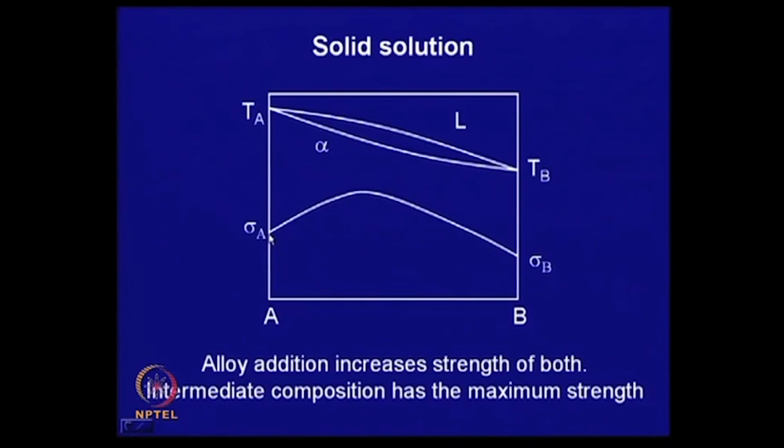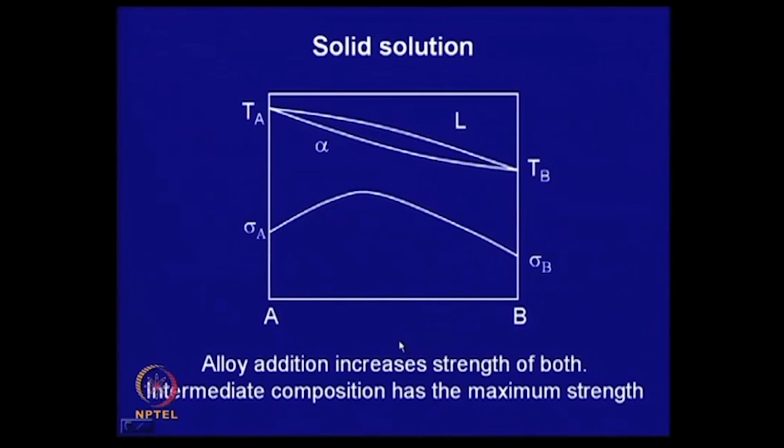So, that means any alloy addition, if you add element B to A, strength of A increases. Similarly, if you add A to pure B, strength of B increases, and normally it is found that there is some relationship between the strength of the material and its melting point. Higher the melting point, strength at room temperature is higher. So, that is why it is shown like this, and this is the optimum composition where you have the maximum strength.